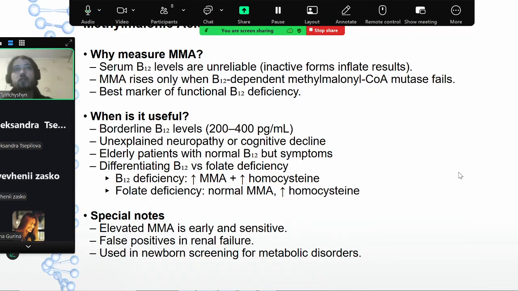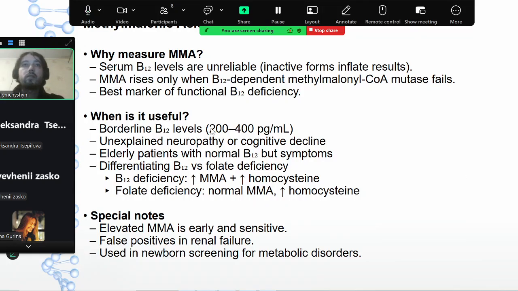If we try to measure that as it is, well, that may be a little bit unreliable because we may measure something that is in some inactive forms. While this MMA, if it rises, that's definitely the sign that something went wrong. So it's early, it's sensitive. It may give you some false positives, of course, nothing is perfect, especially in renal failure, and it's often used in newborns to screen for metabolic disorders.